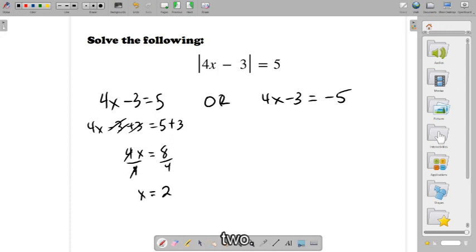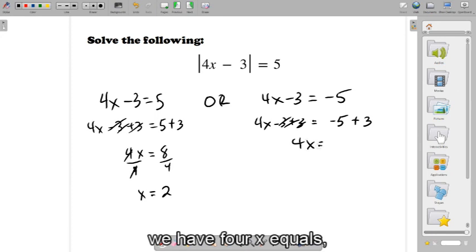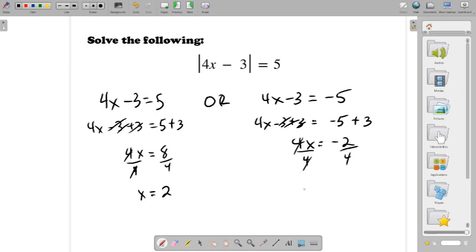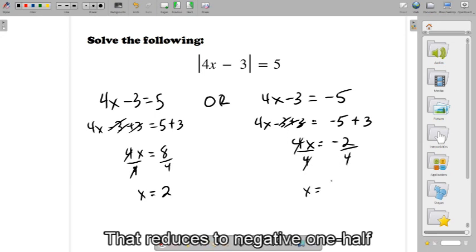X equals 2. Okay, over here, add 3. We get 4x equals negative 2. Divide by 4. X equals, that reduces to negative 1/2.